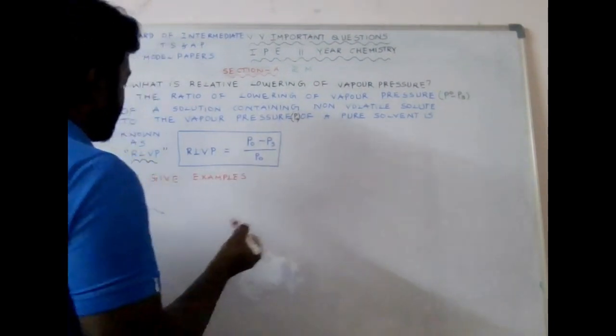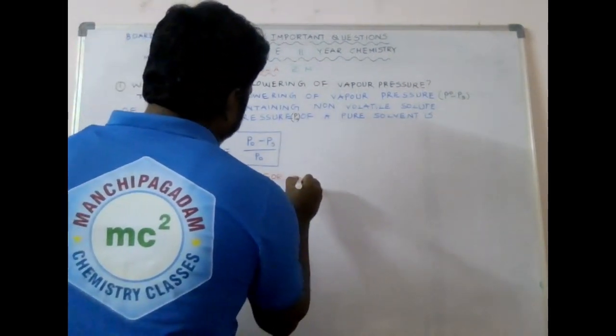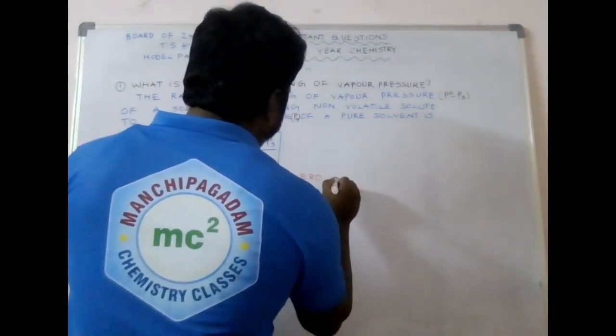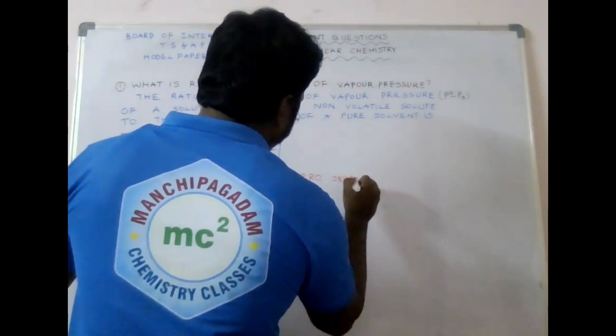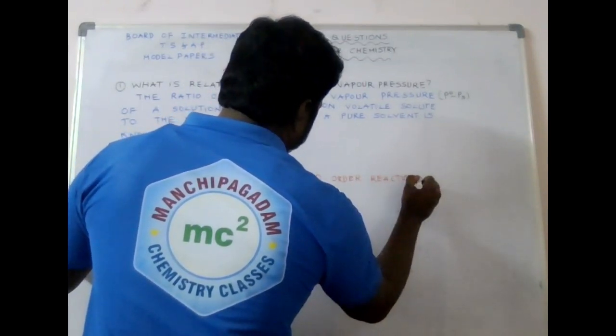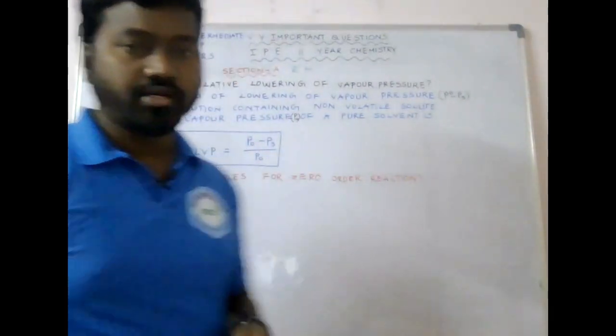Most of the time they ask you to give examples for zero or first order reactions. So in this question paper they asked for examples for zero order reactions. Just write 2 examples. For each example you will get 1 mark.